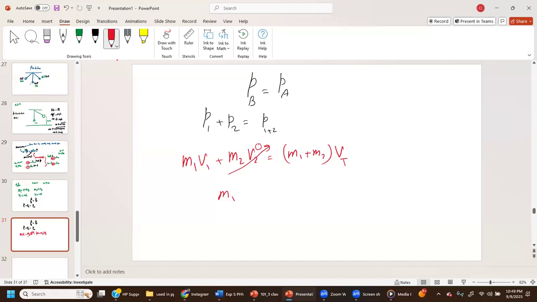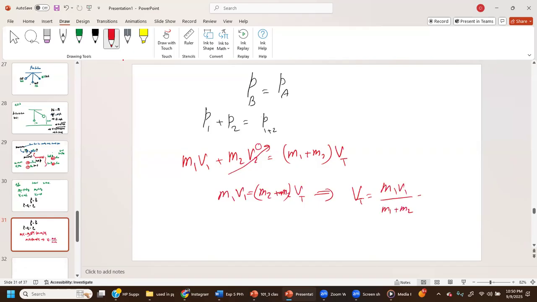So your M1 V1 is going to equal your M1 plus M2 times your V total, which means that the velocity we are looking for, which is your total velocity, is going to equal M1 V1 over M1 plus M2.